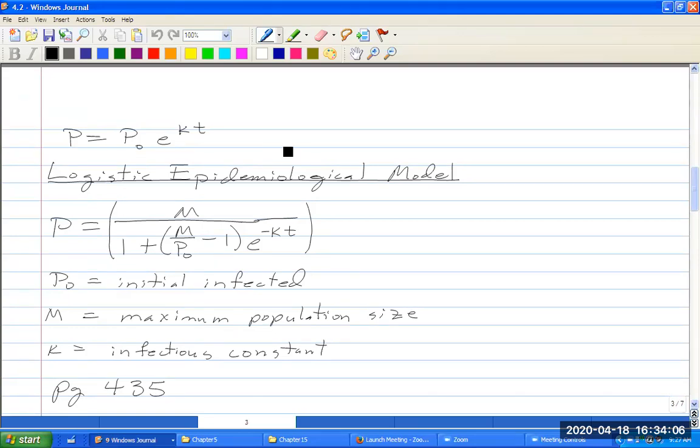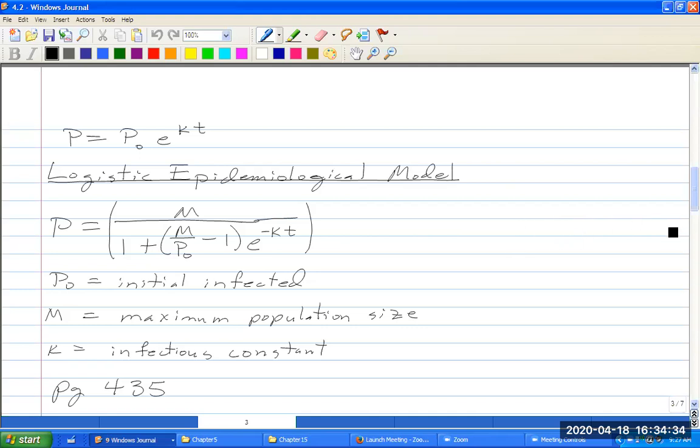Logistic epidemiological model. So this is a model where you start out with some amount of infectives, and then everyone slowly becomes infective, up until there is some sort of equilibrium that's sustained.